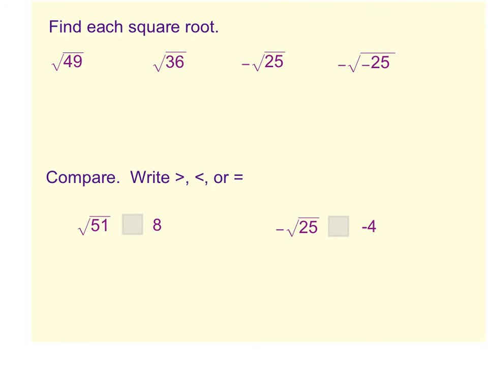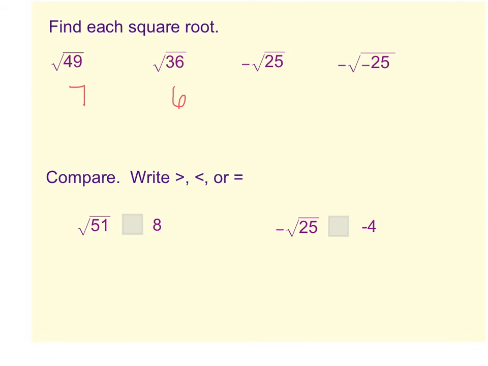Alright, so here's the last slide of our intro video. Just to go over square roots really quickly. The square root of 49, that means that a number times itself equals 49. So you can think about what they are. Hopefully you guys are coming up with 7 in your head, because 7 times 7 is 49. Square root of 36, 6 times 6 is 36, so the square root of 36 equals 6.